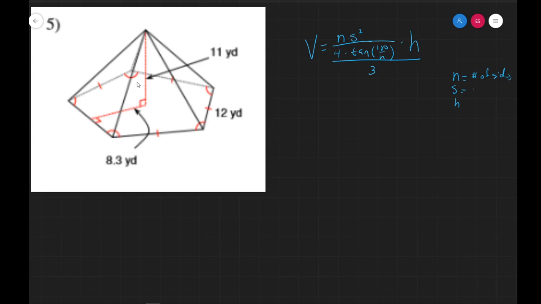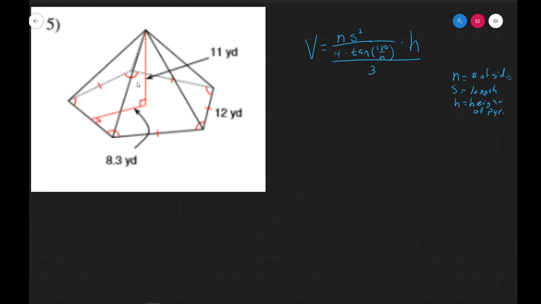S is the length of each of those sides on the bottom. And h is the height of the pyramid.